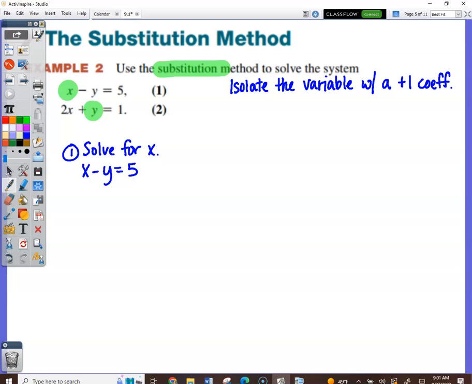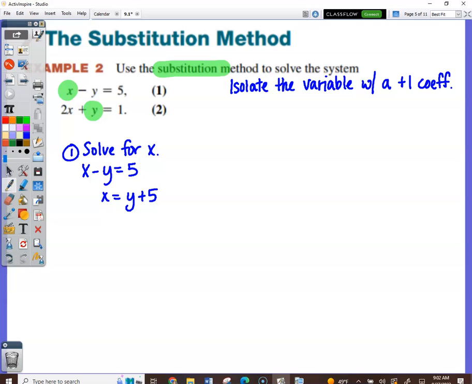So from equation 1, my goal was to get x by itself, which gives me that, right? Okay, so now through substitution, the idea is to get an expression for one variable and then take it and plug it into the other equation. And now your equation should have just the same variable throughout, which allows you to solve.